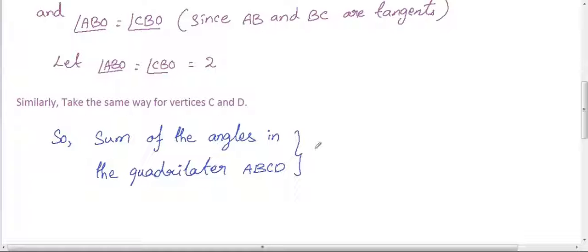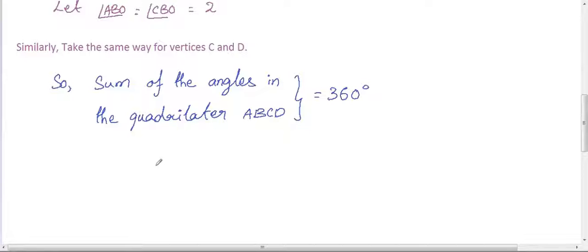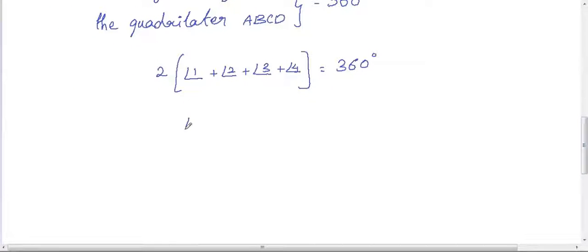See here, we have two angles at A, two angles at B, two angles at C, and two angles at D. So write it as 2 into angle 1 plus angle 2 plus angle 3 plus angle 4 is equal to 360. Now divide both sides by 2. So we'll get angle 1 plus angle 2 plus angle 3 plus angle 4 is equal to 180 degrees.